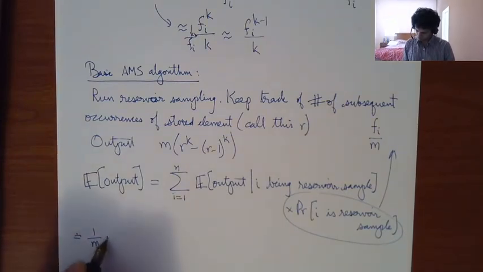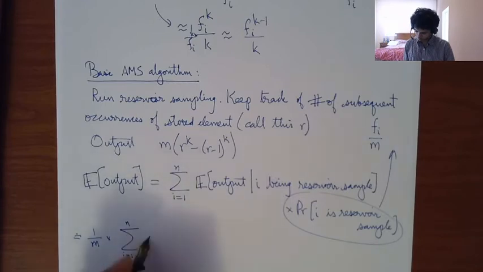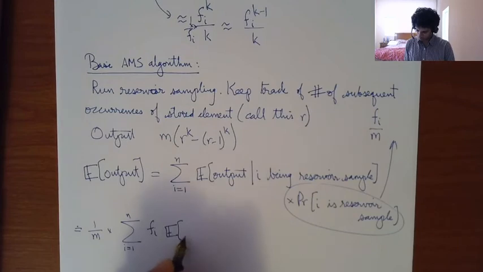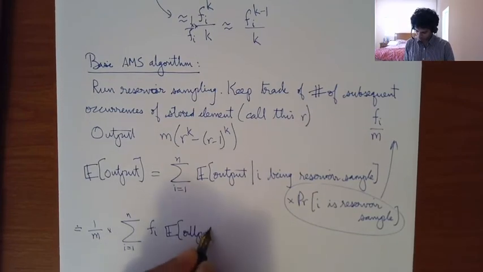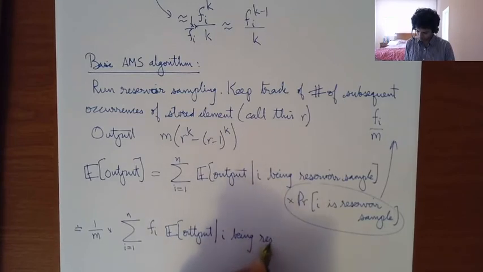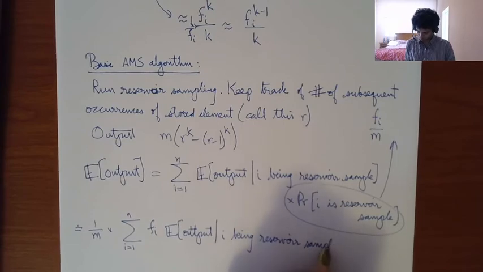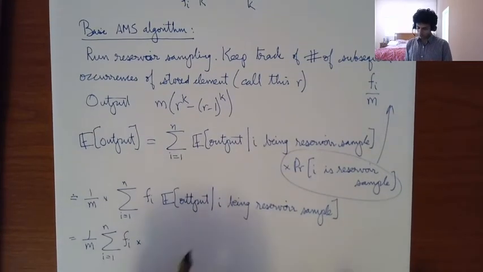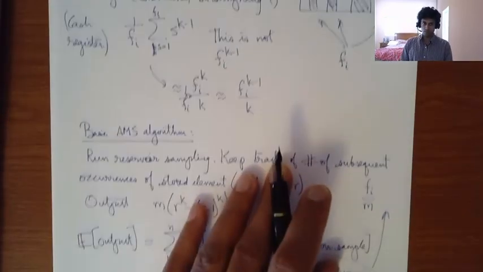So I'll get a 1 over m here. I going from 1 to n, f of I, times the expected output conditioned on I being a reservoir sample. Okay, now let me work this out. So it's f of I times, now there are f of I different positions.